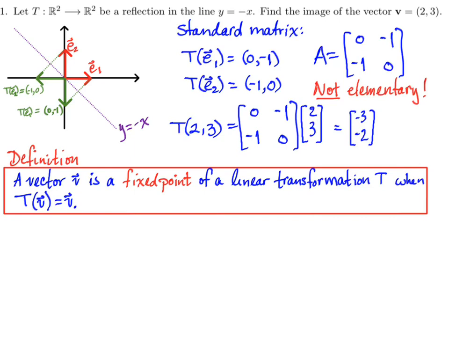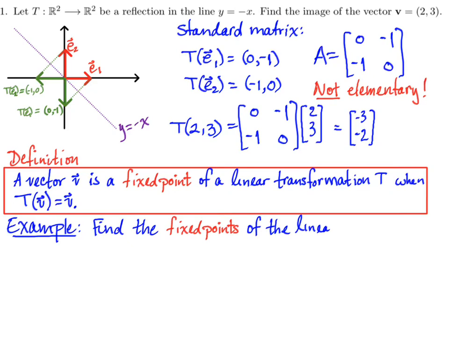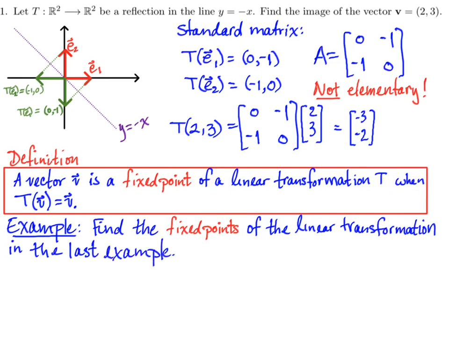So let's look at the linear transformation in that example we just did and find its fixed points. Here's the way we do it. Suppose V1, V2 is a fixed point. So T of V1, V2 has to be V1, V2.